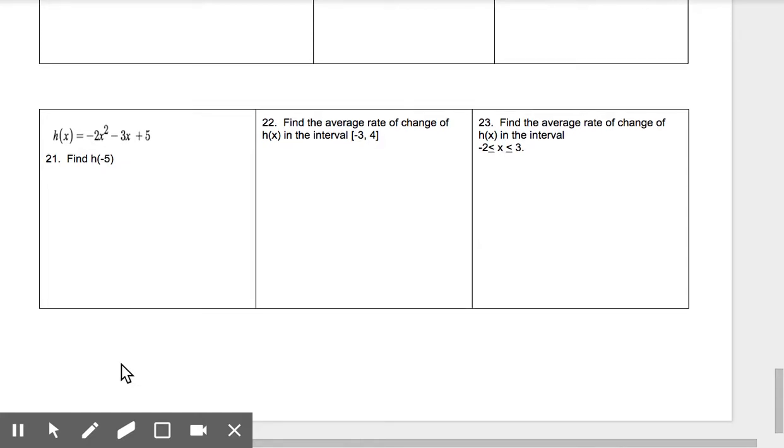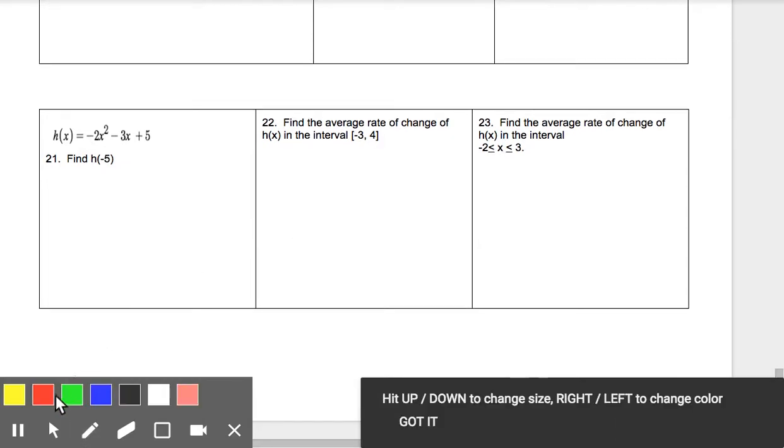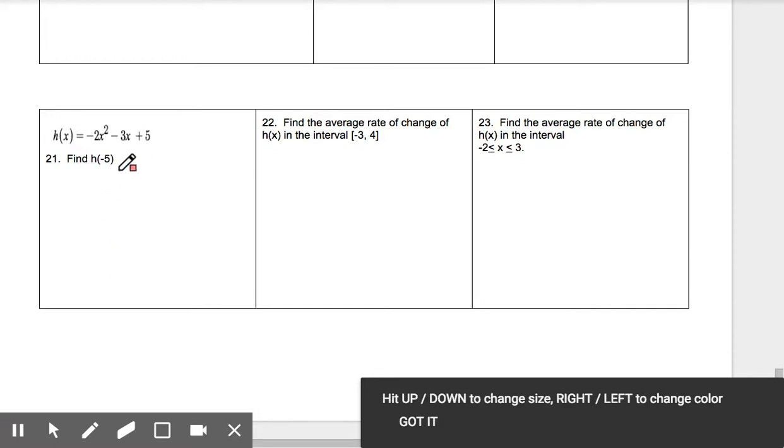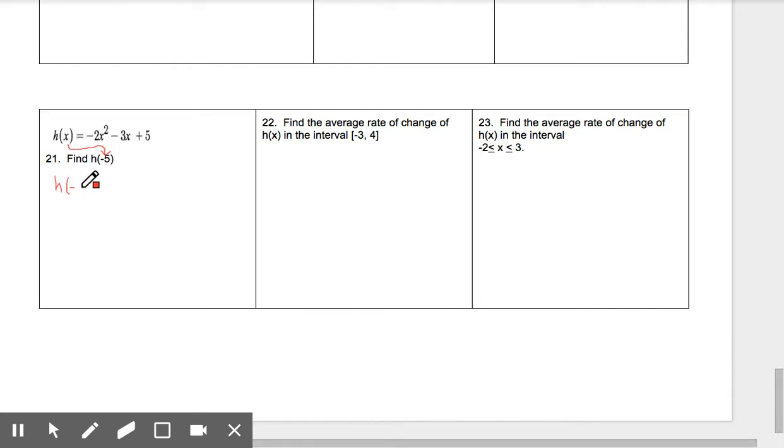Okay, so here, h of x. So let's get started on this one. For h of x, it says find h of -5. Okay, so that means the x became -5. So we just are going to substitute or plug in -5 for x. So we'll have -2 times (-5) squared minus 3 times -5 plus 5.